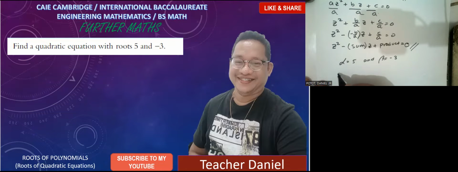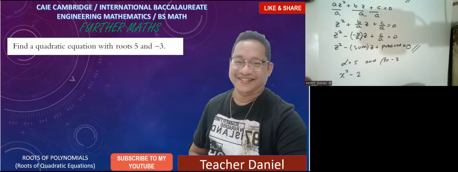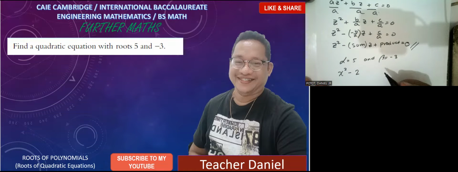So that's x squared minus the sum times x. 5 plus negative 3 is 2, so you have 2x, plus the product, which is 5 times negative 3, that's negative 15. So this is now equal to 0.